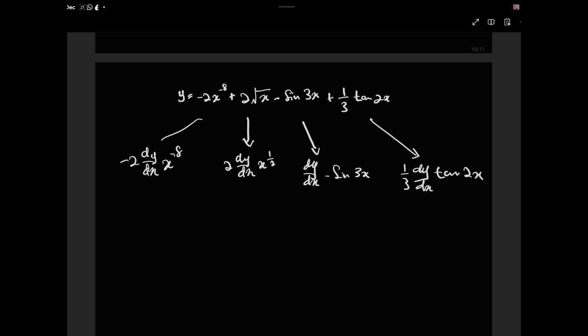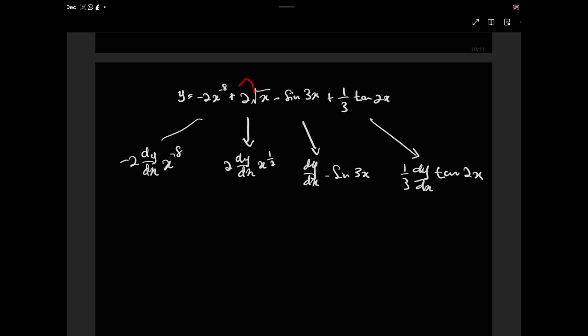Right, we just need to change some forms. So the first one, we have negative 2 times x to the negative 8. So we pull out this constant, and this is how it looks. And then for this one, this is actually 2 times the square root of x.